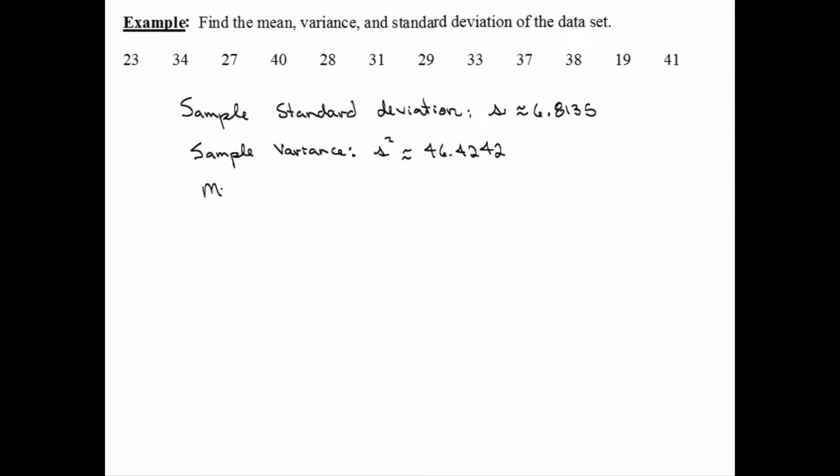So our mean, remember your mean will be the same whether you are talking about a population or a sample. We're going to use x bar if it's a sample. And so that was about 31.67. Okay, we would use the symbol mu if it is a population.